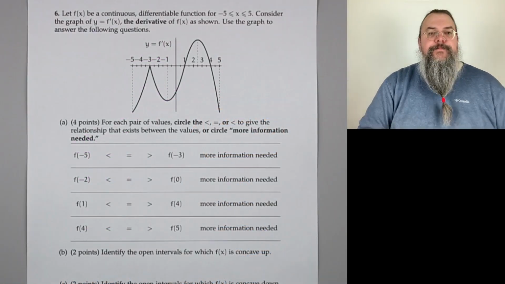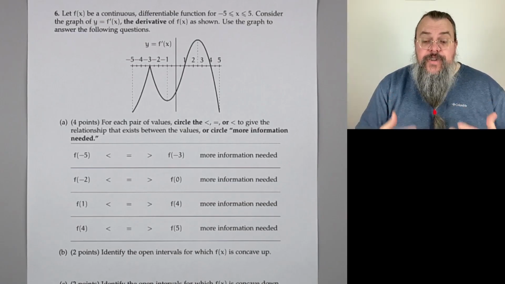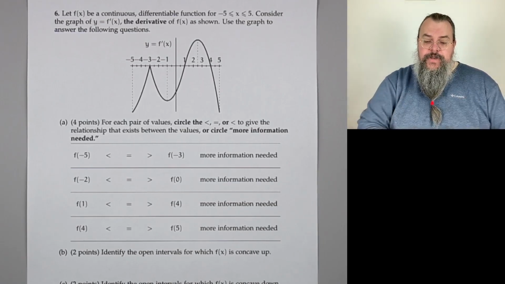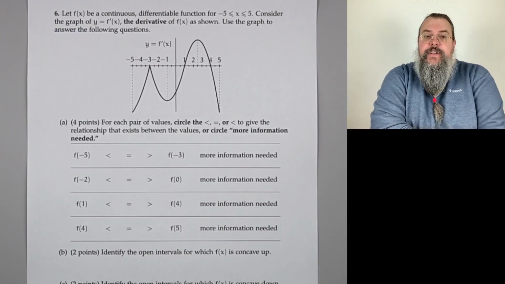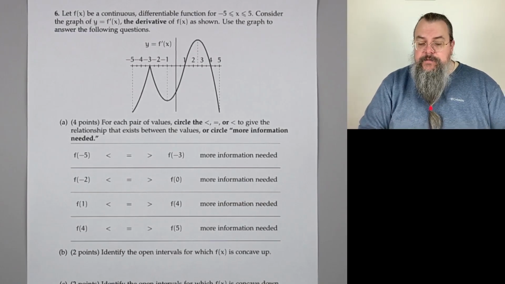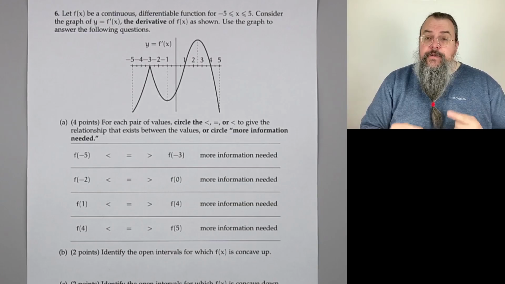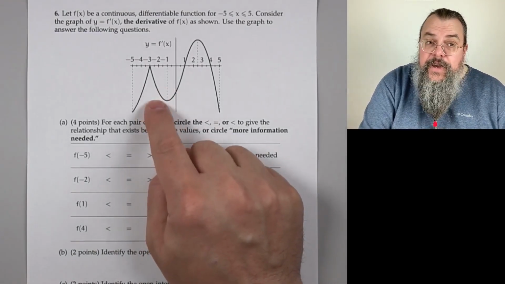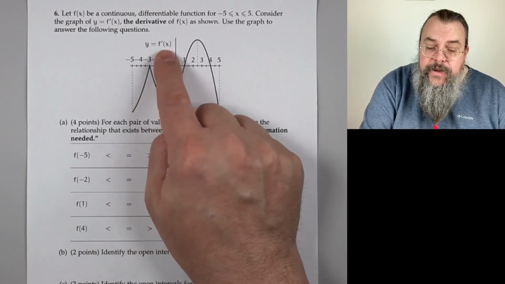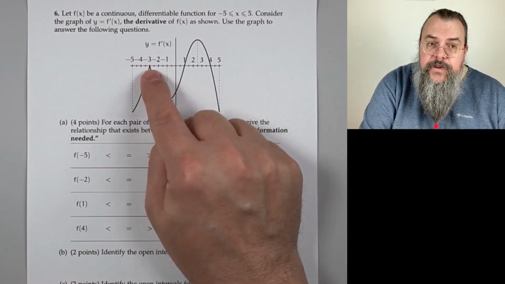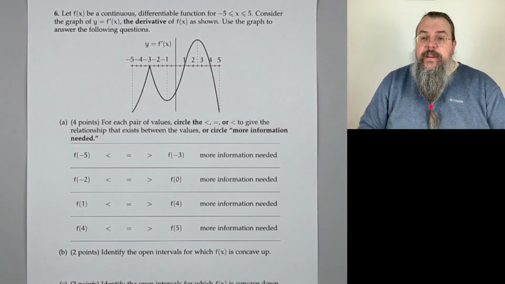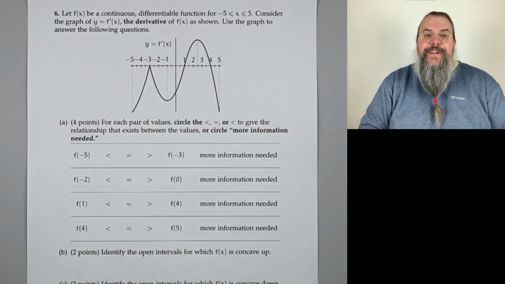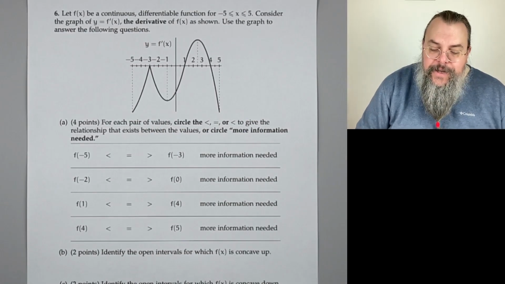Number 6. Let f of x be a continuous differentiable function for negative 5 less than or equal to x less than or equal to 5. Consider the graph y equals f prime of x. So be careful here. This is not f of x, it's f prime of x. You might say, well, wait, there's this little sharp bendy point. Is that allowed? Yes. It's okay. Don't worry. All right.